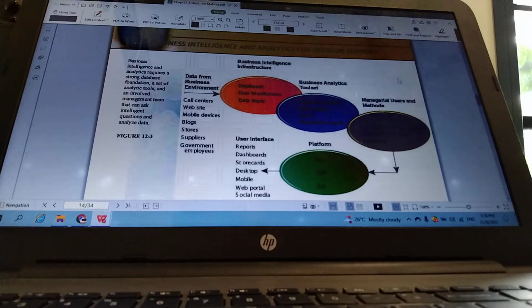You collect or gather this data for processing purposes.